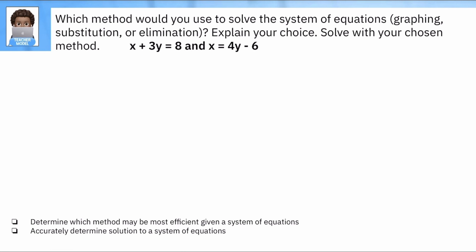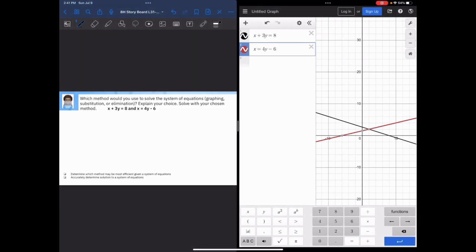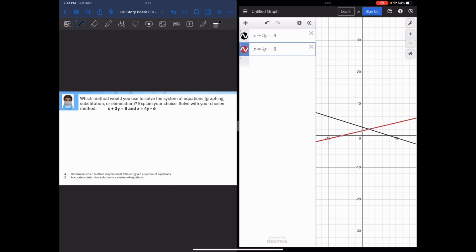I'm actually going to use graphing to check the solution. Okay, here we go. I've put both equations in and we have an actual solution at 2, 2. So here's with graphing. Check to see if you got the answer 2, 2 as well. If you use graphing, you can see it pretty easily, but if you did substitution or if you did elimination, you also should have gotten 2, 2.